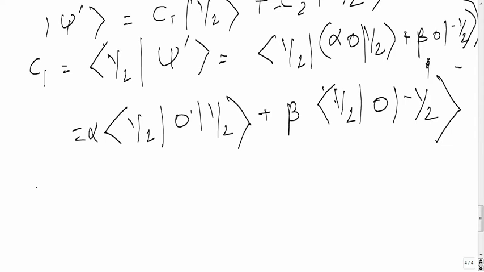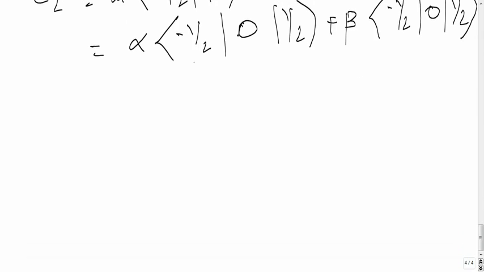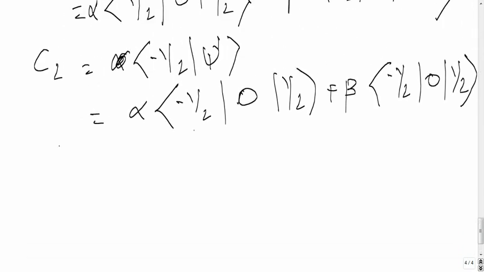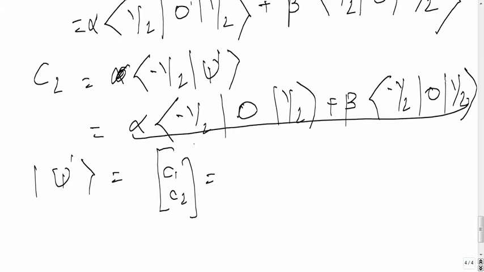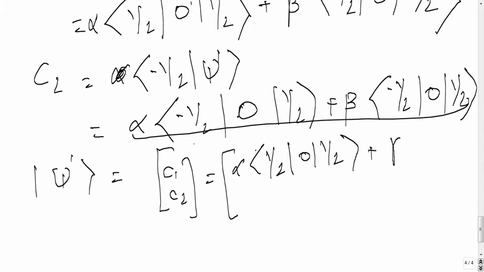Similarly, a similar thing can be said for the coefficient C2, which is equal to the inner product of minus half with psi prime, and it is given like this. Therefore psi prime can be written as a column vector having elements C1 and C2, and we have evaluated these expressions for C1 and C2, so let us substitute them over here. This would give us the expression for C1, and this would be alpha minus half.